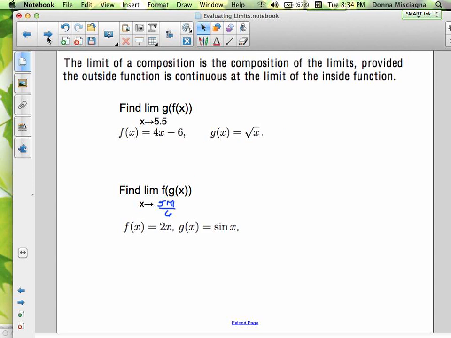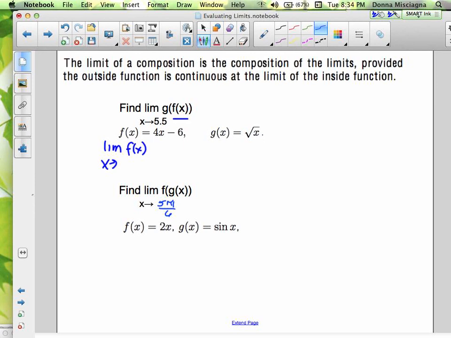We work with our inside function first. So we're going to find the limit of f of x as x approaches 5.5.